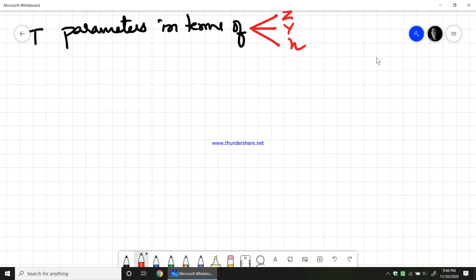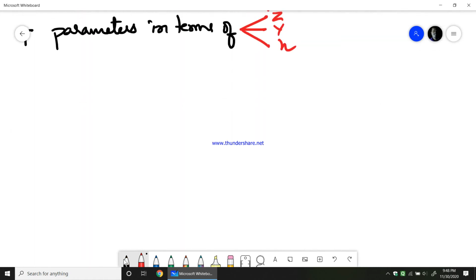Now the derivation: let us go with the first relationship between Y and Z parameters.